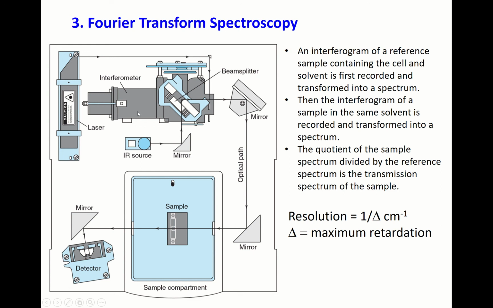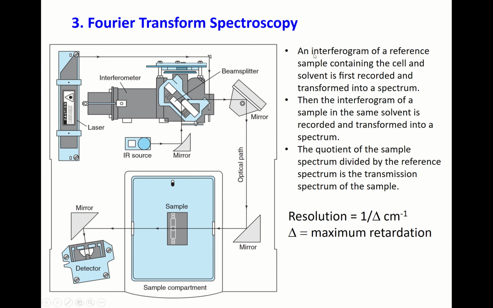This is the interferometer, and then the interference pattern eventually goes to a detector through this sample. All the wavelengths are controlled by this very precise laser. That's another advantage of FTIR.